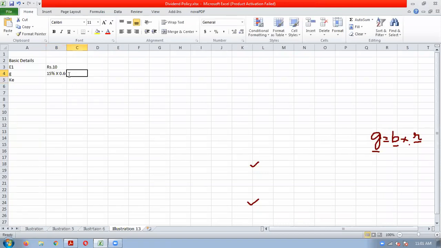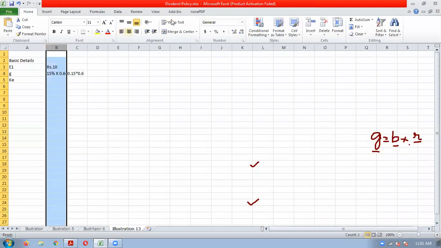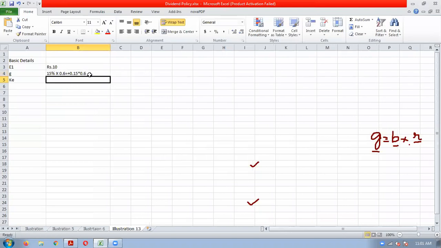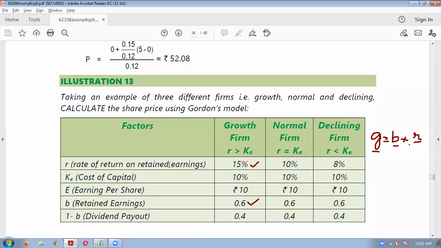So the retention ratio will be how much? We calculate 15 into 0.6. 9% will be the growth. KE is given in the question.